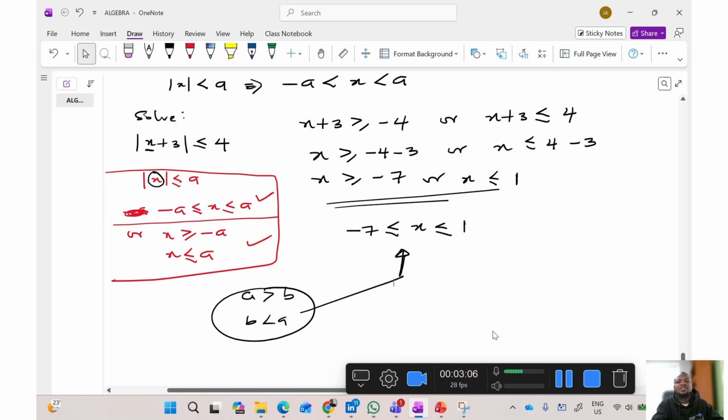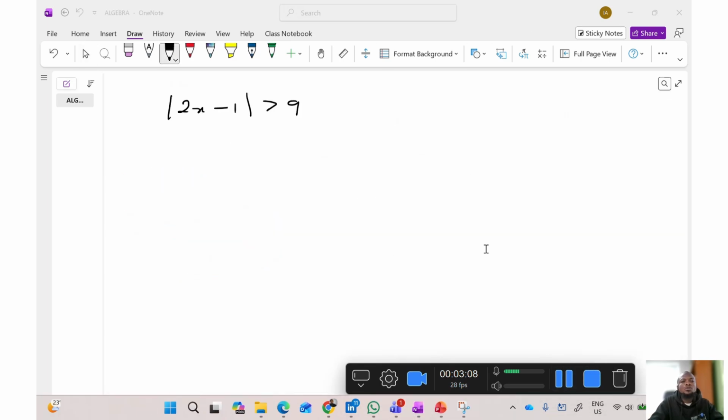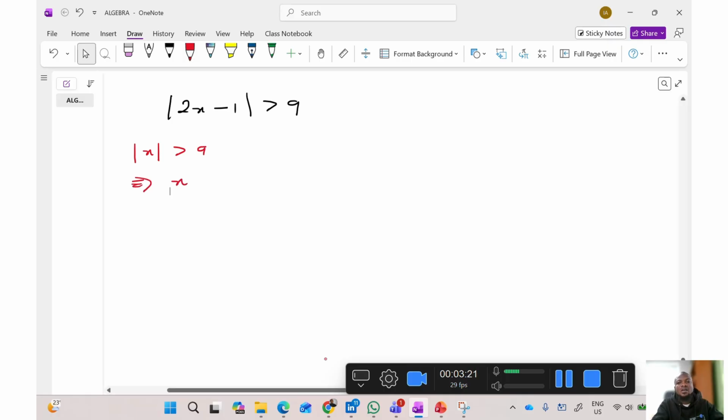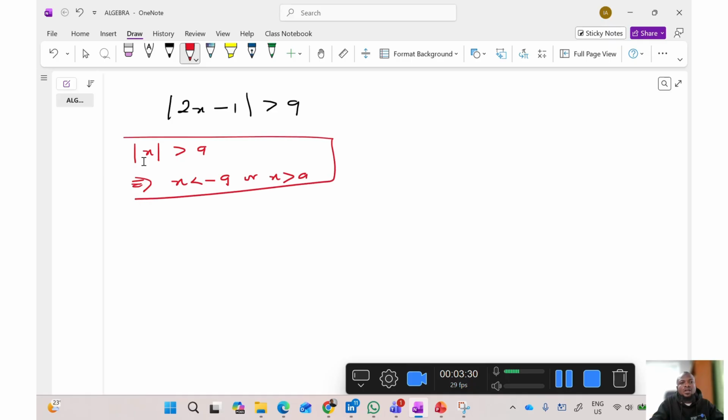So let's solve another example. The absolute value of 2x minus 1 greater than 9. So recall that the absolute value of x greater than A implies that x is less than minus A, or x is greater than A. Okay, from the rule I gave you earlier.